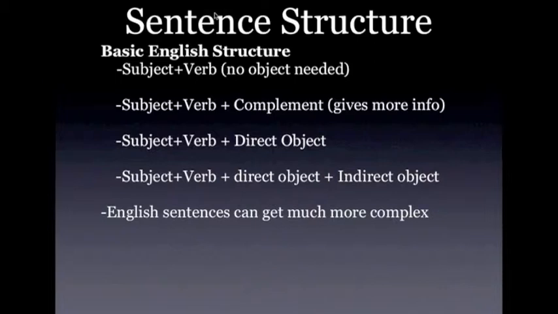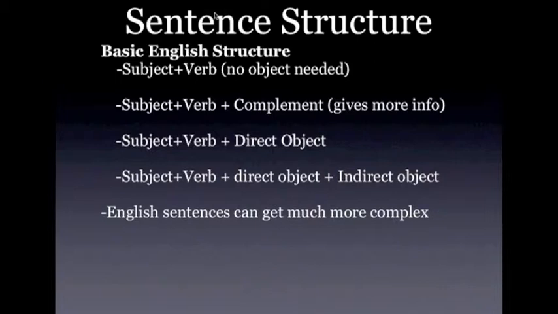I sit in the chair. The complement gives more info about where I sit. I am watching television. I is the subject, am watching makes up my verb. Television is my direct object.